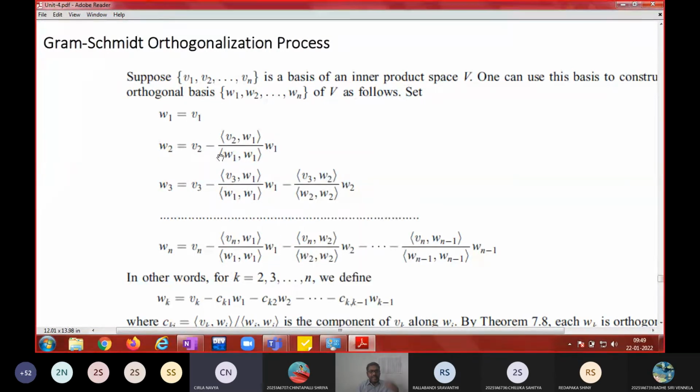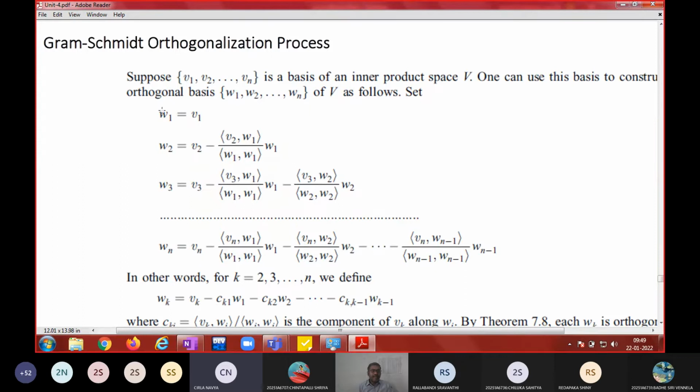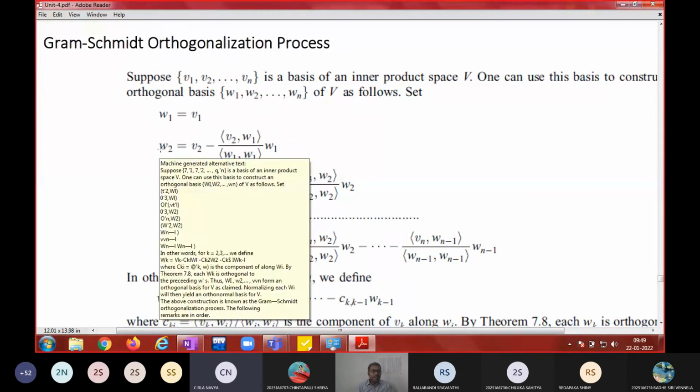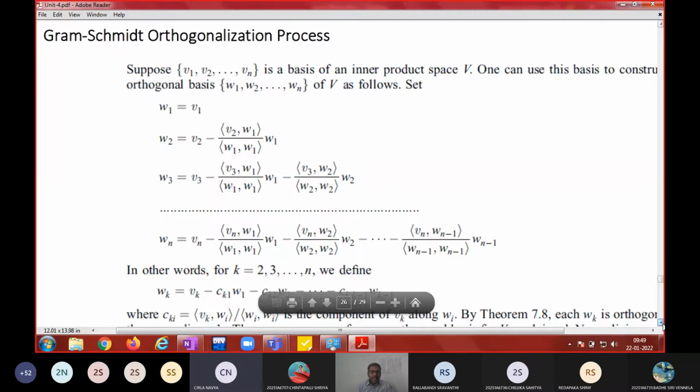Okay. So it is a recursive definition. If you find the inner product of W1 and W2, you will notice that it is 0. That means W1 is orthogonal to W2. Similarly, how do you create W3?